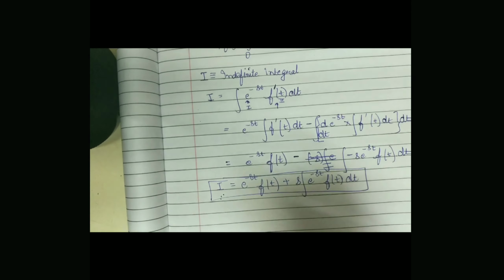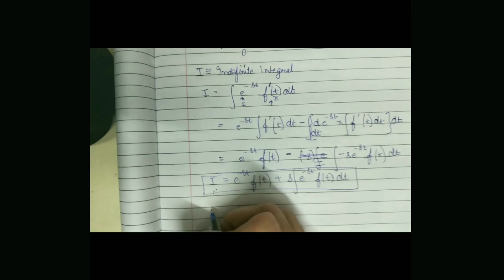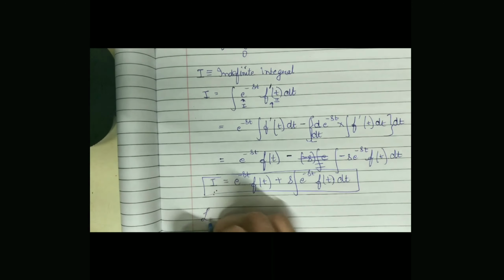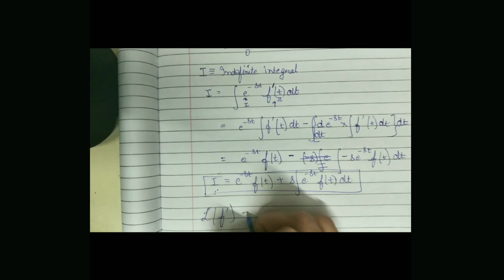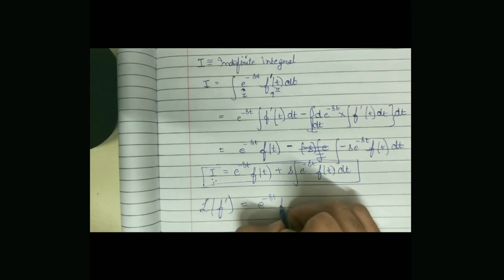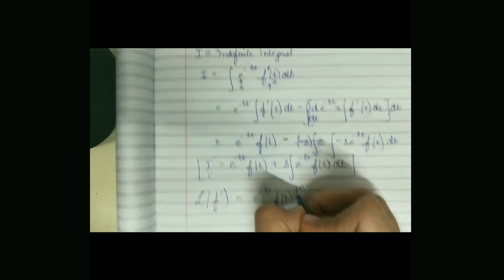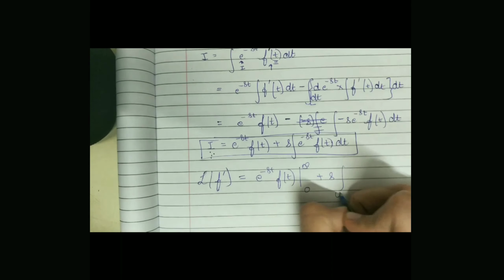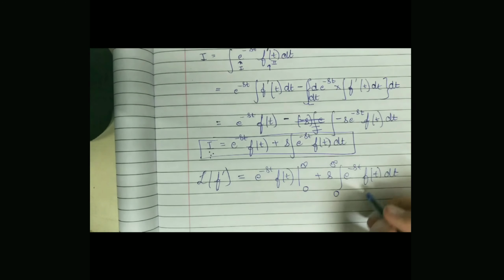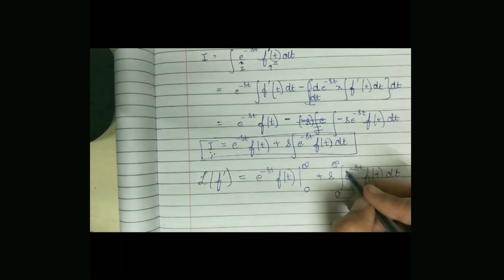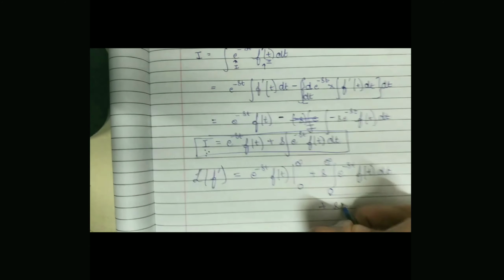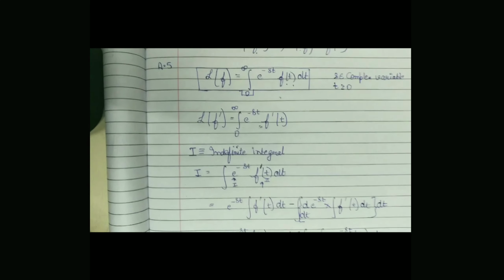Now this was our indefinite integral. Now I'm going to put the limits from 0 to infinity, which basically gives us the Laplacian of f derivative. Putting the limits in, I get e raised to power minus st f(t) with limits 0 to infinity, plus s times the integral from 0 to infinity of e raised to power minus st f(t) dt. Carefully examine this integral: this is nothing but the Laplacian of the function f itself, as we can see in the definition.